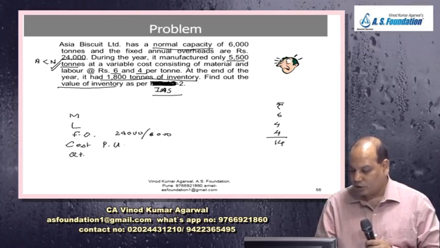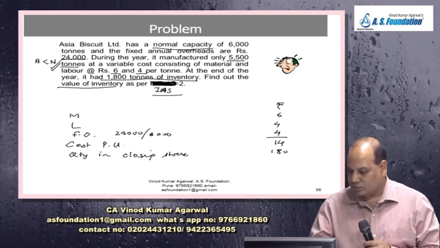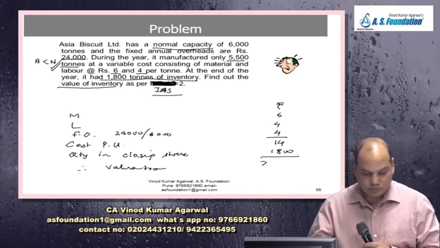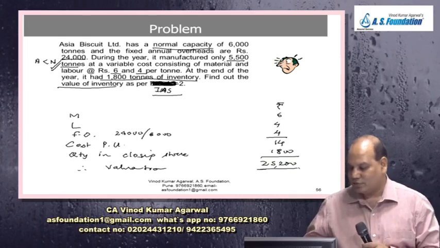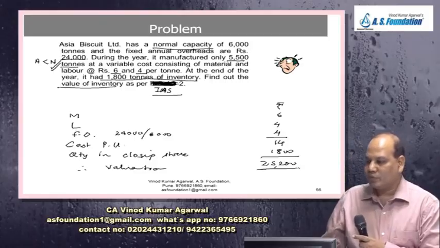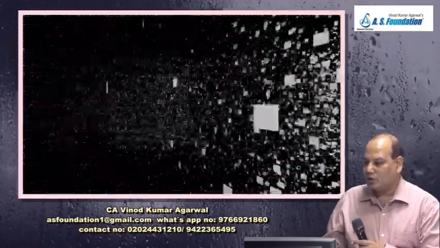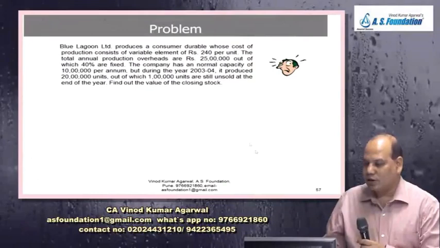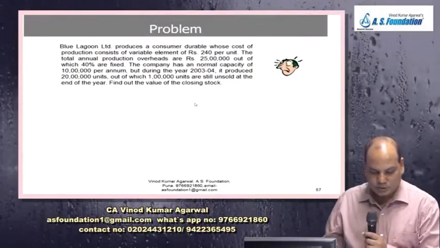So how many quantity in closing stock? 1800. And therefore valuation 25,000. You have to write one note. It is assumed that NRV is higher than rupees 14 per unit. You will write yourself. In all such exam answers, you will say that NRV is higher than the cost in case you are using only cost for answering purpose.